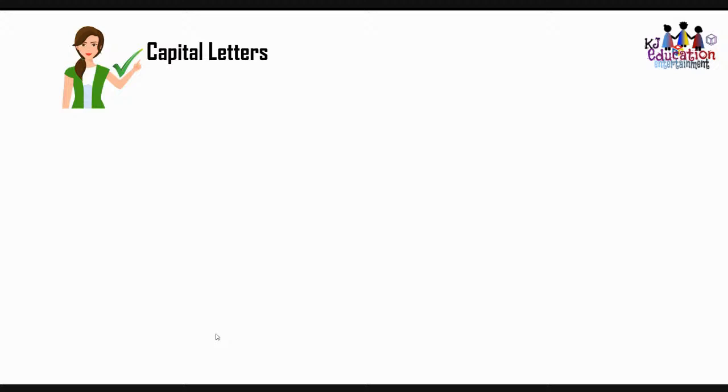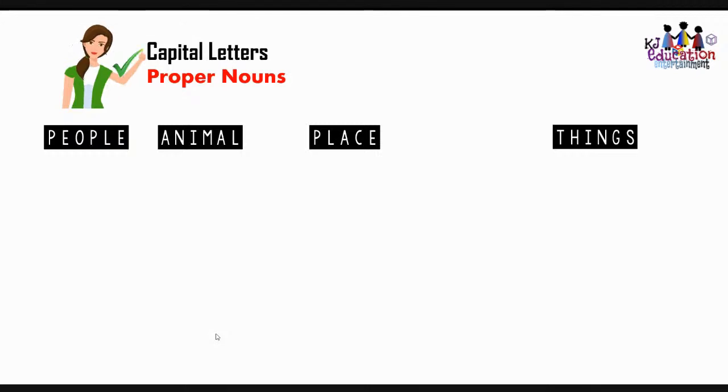The next rule that you need to follow is on capital letters. It refers to proper nouns. Now, do you know what a proper noun is? Proper nouns have four categories: people, animal, place, things. When it comes to people, this is the common error.